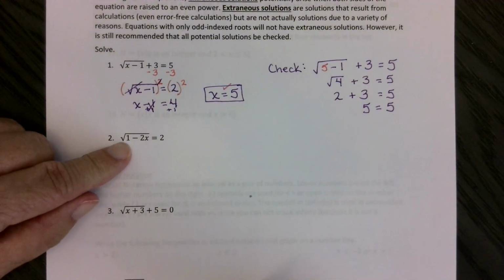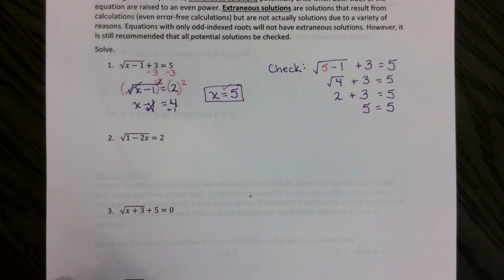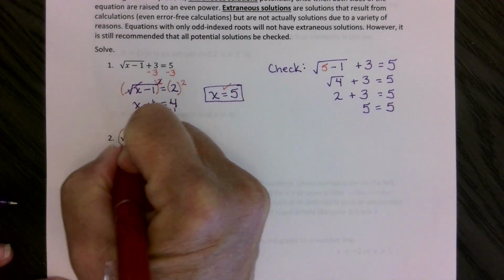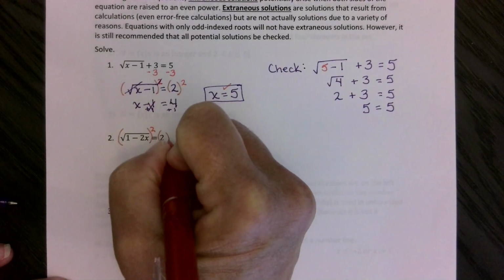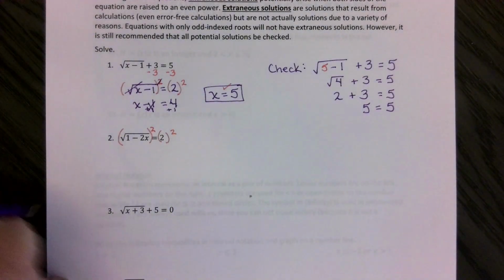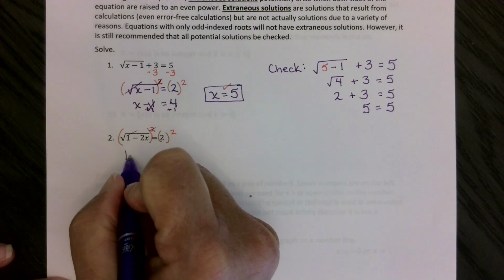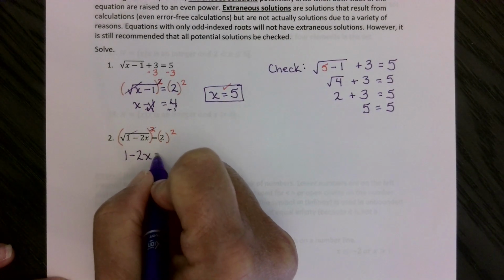The second problem. It's already isolated, so you don't have to move anything like up here we had to subtract 3. So we are going to just square it. Again, your squares and your square root cancel each other out, and we have 1 minus 2x equals 4.